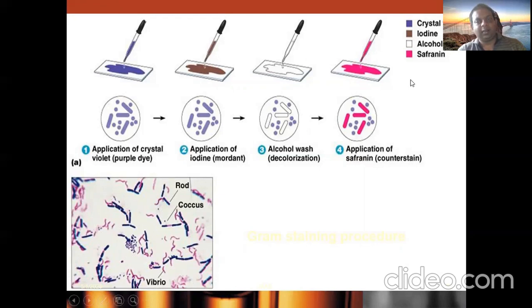Then we add the safranin counterstain. Once the counterstain is added, if it is gram positive, only the background will stain, and gram positives will remain violet. The background will appear pink. But if it is gram negative, it is at the colorless stage and will stain with the safranin as pink. So gram negatives are seen as pink.